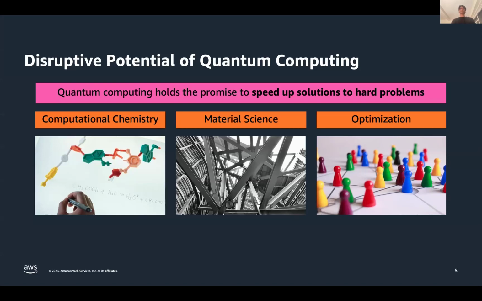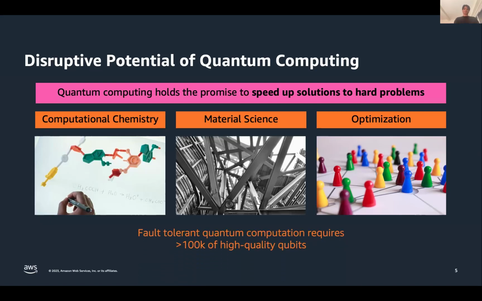Optimization, we know, is everywhere, and maybe using NISQ devices in the near future, we will be able to beat traditional computers on certain optimization tasks.